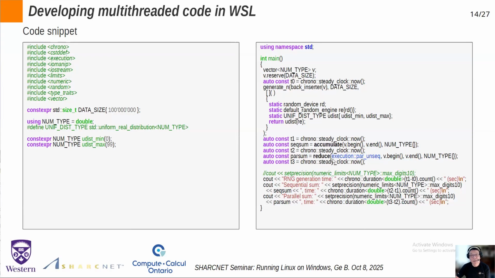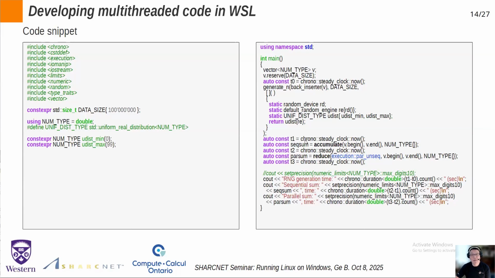This parallel function specifies the execution policy, which is parallel and unsequenced. It takes the array, the beginning, and the end, and the type, and then it adds the numbers together in an arbitrary, non-deterministic order, okay?